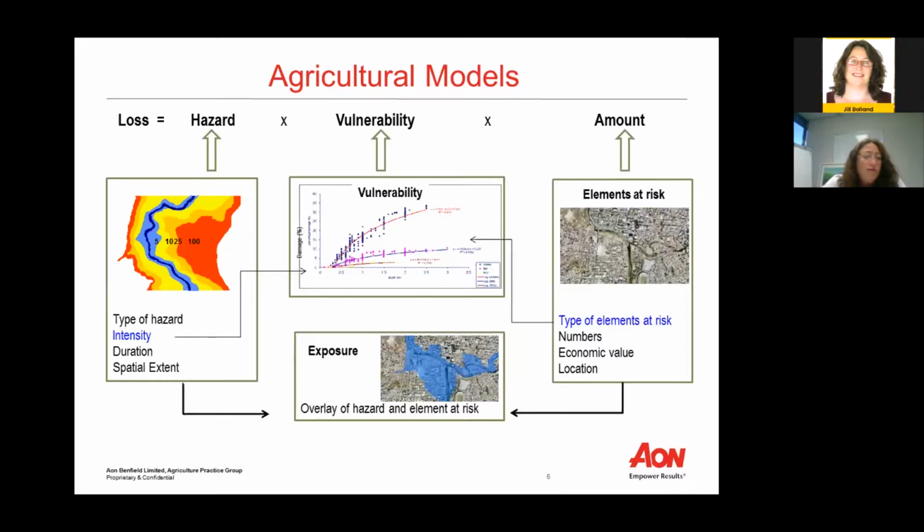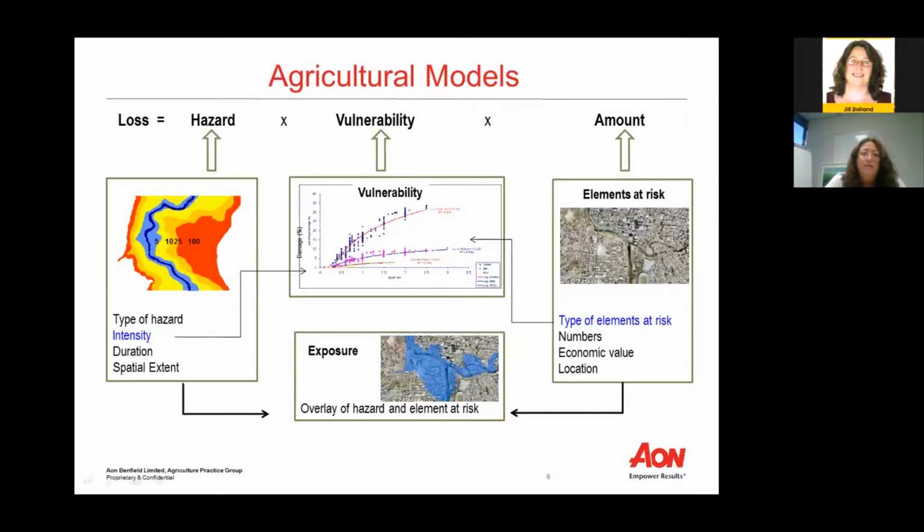How long the event takes place; in some cases, particularly for things like drought and flooding, the duration is almost as important as the intensity, or can be more so. And then the spatial extent of the event. So how great an area does it affect? And all of these things are very interrelated.